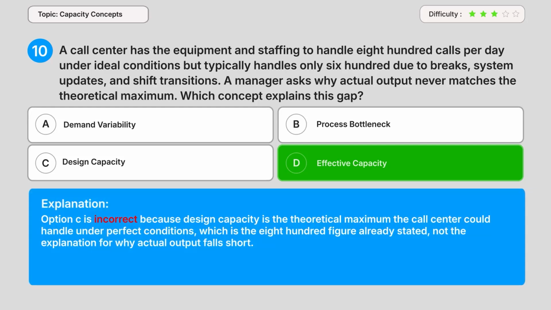Option C is incorrect because design capacity is the theoretical maximum the call center could handle under perfect conditions, which is the 800 figure already stated, not the explanation for why actual output falls short.